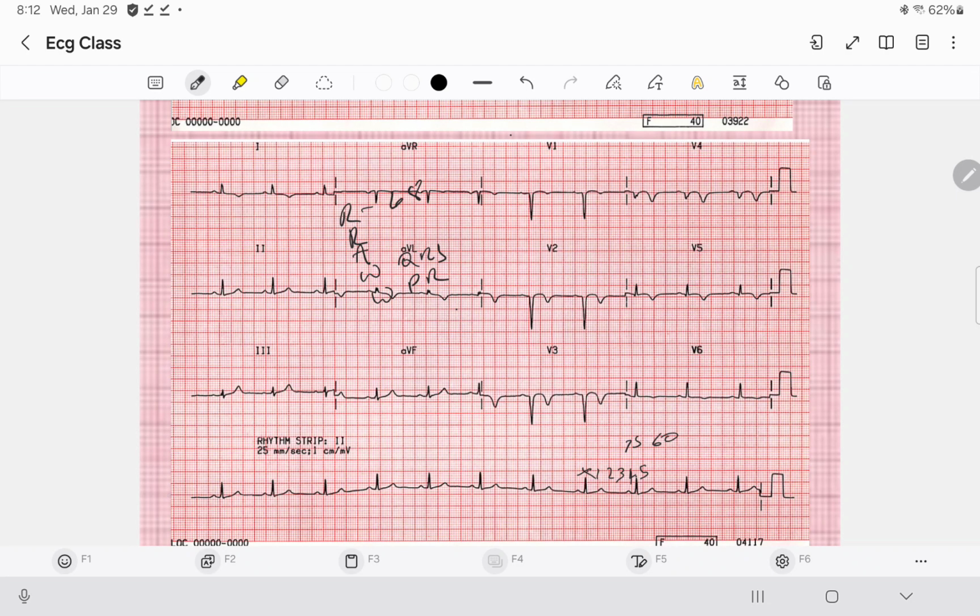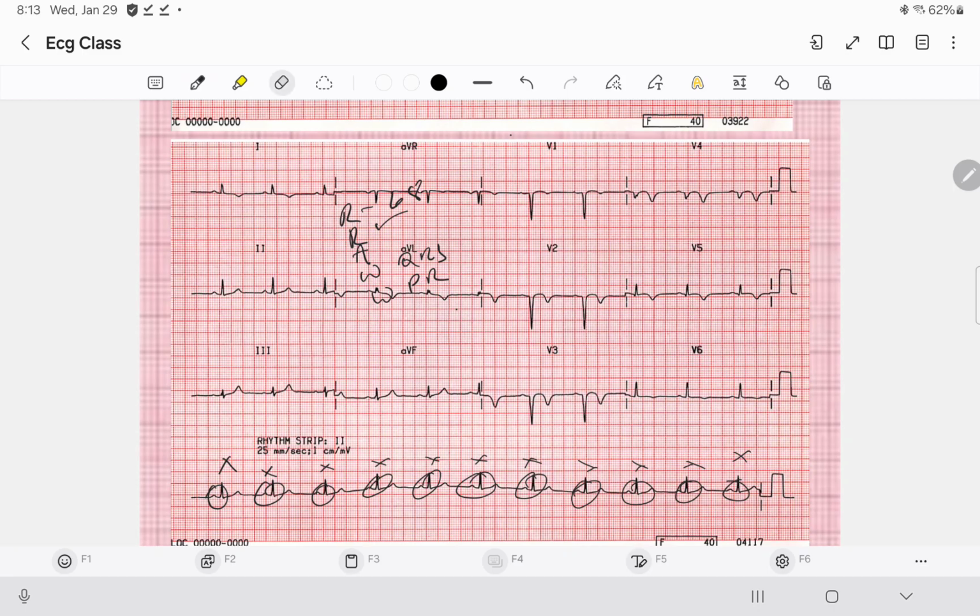Then we're going to look at the regularity, right? So I do believe that it's regular. And there are indeed P waves before every QRS. So that criteria is satisfied.